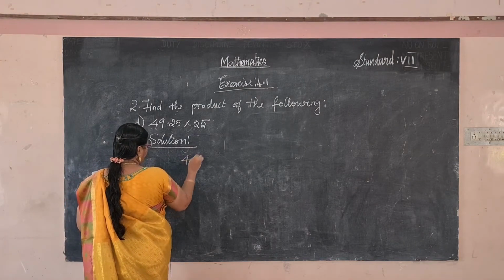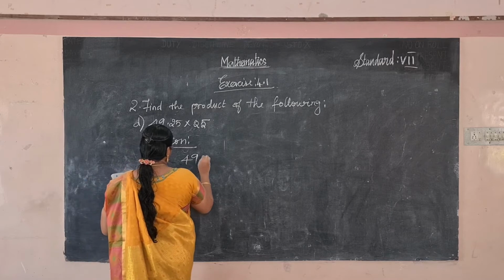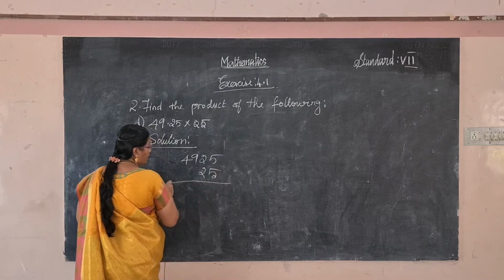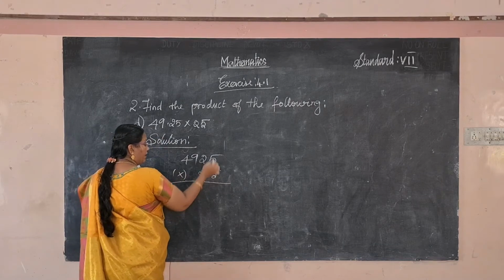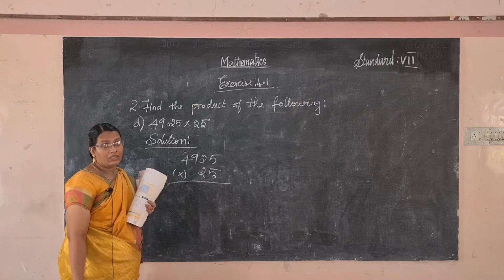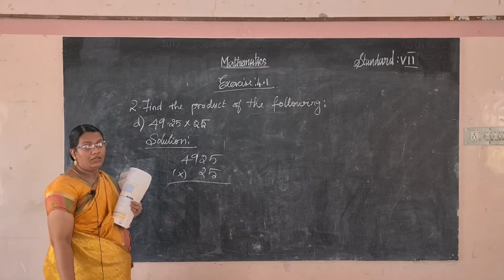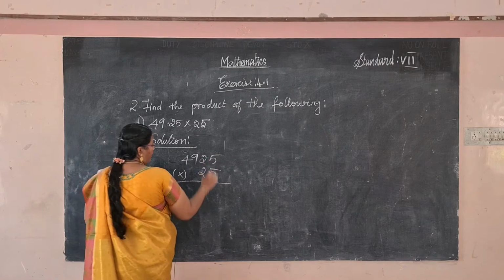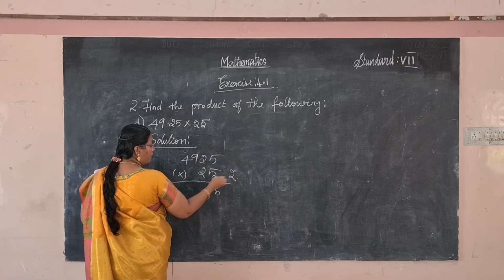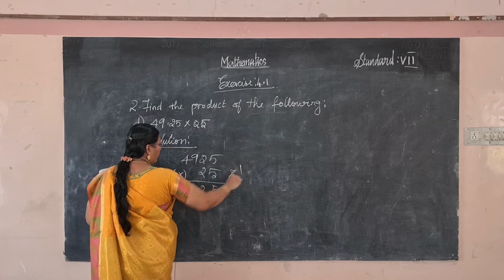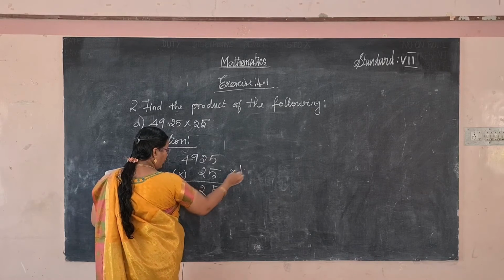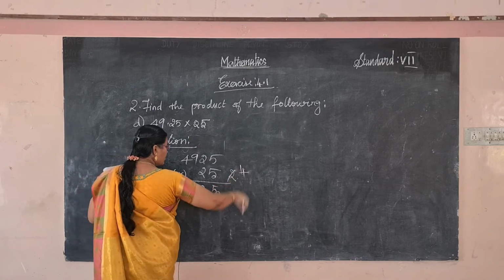So what is that value? 4925 by 25. Multiply. Everyone learn all the tables well, up to 12 tables, at least the 12 table. 5 5s are 25. 5 2s are 10 plus 2, 12. Remaining 1, 5 9s are 45, 45 plus 1, 46, so remaining 4.